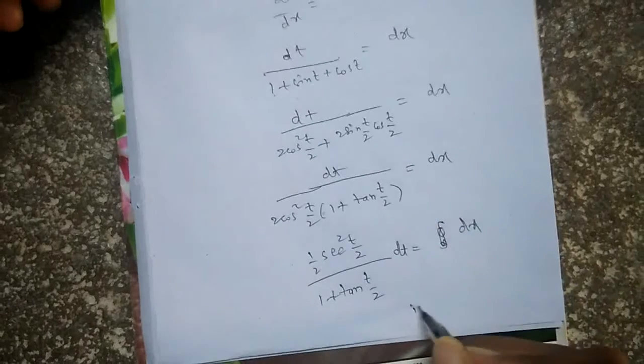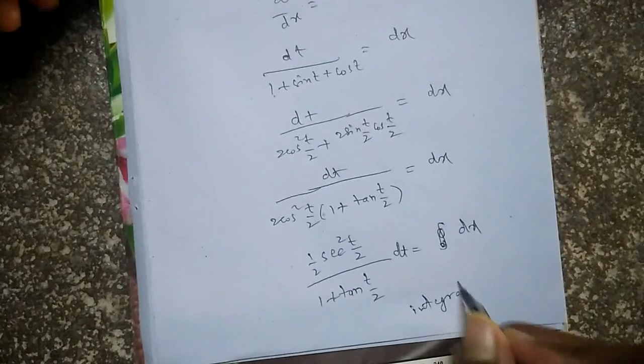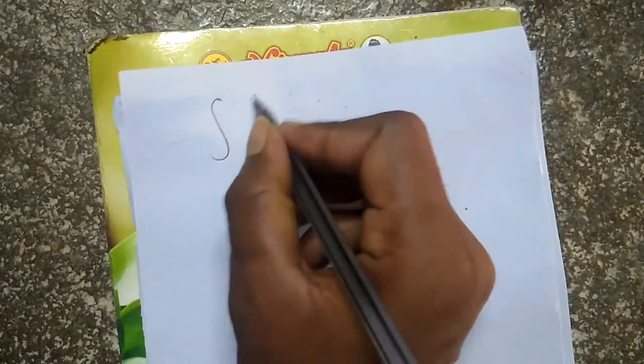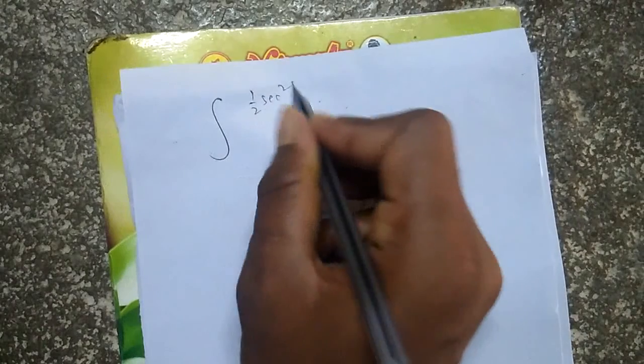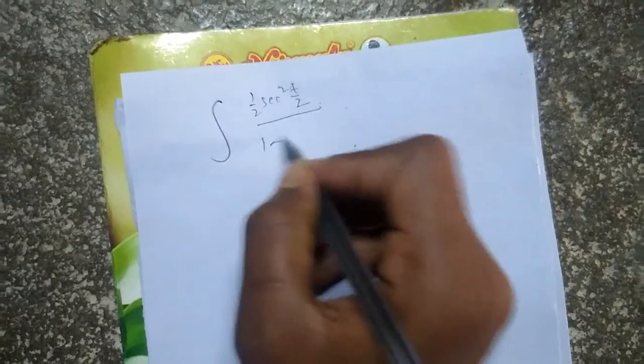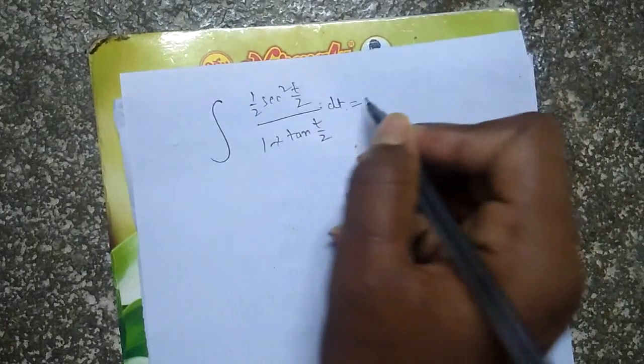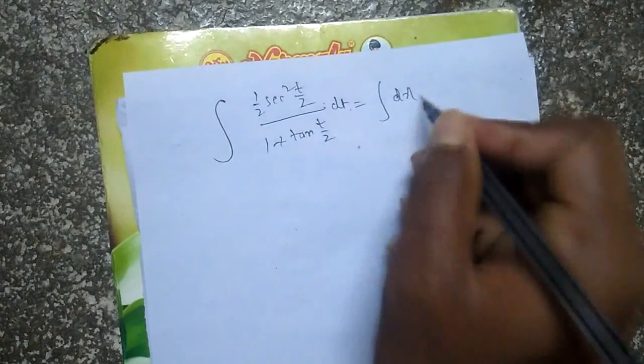Now integrate on both sides. Integral 1 by 2 secant square t by 2 by 1 plus tan t by 2 dt is equal to integral dx.